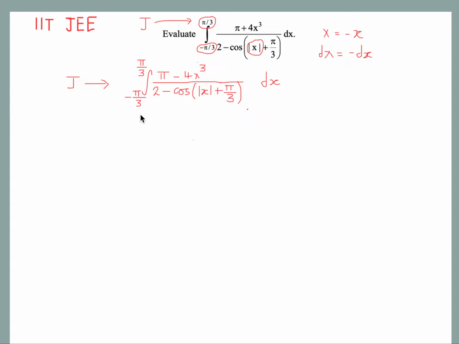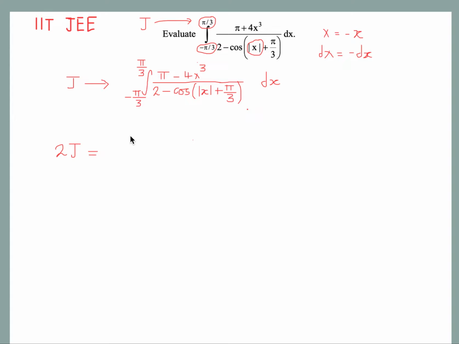A common integration trick is to add multiples of these onto each other to put them in a more manageable form. If we add this integral to this integral, now that they've got the same limits, we'd get rid of the 4x cubed on the numerator. So j plus j, we'll get 2j.